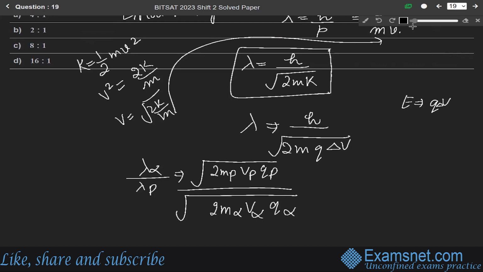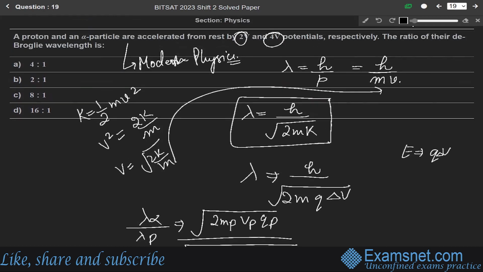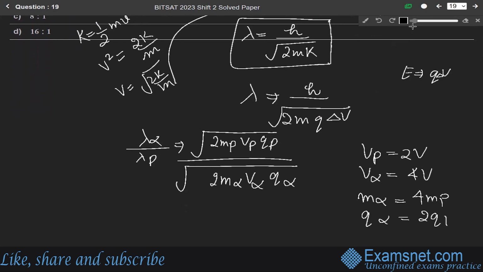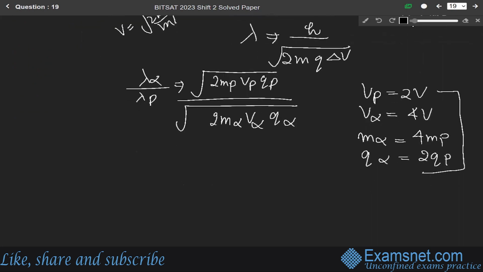In this question, we are given potential of proton as 2 volt and potential of alpha particle as 4 volt, and we know that the mass of alpha particle is 4 times the mass of proton, and the charge of alpha particle equals 2 times the charge of proton. So just put these values here and we'll get our desired answer.